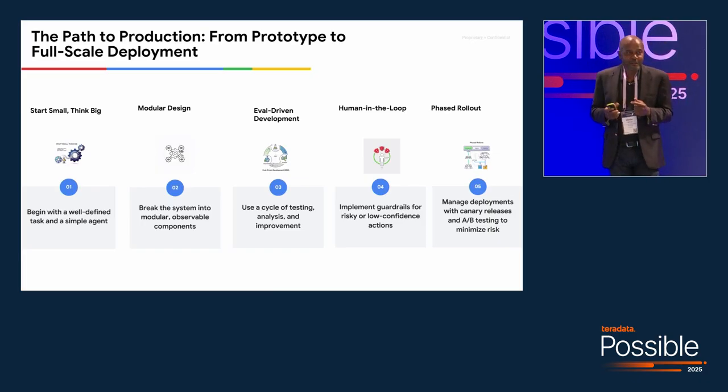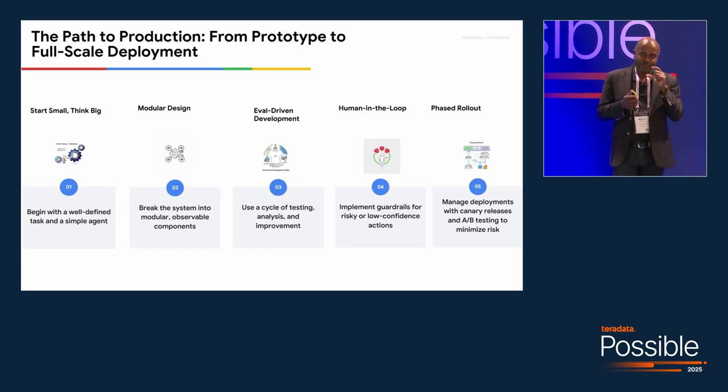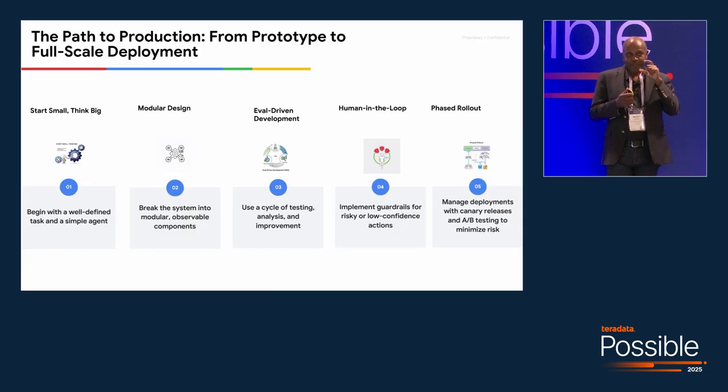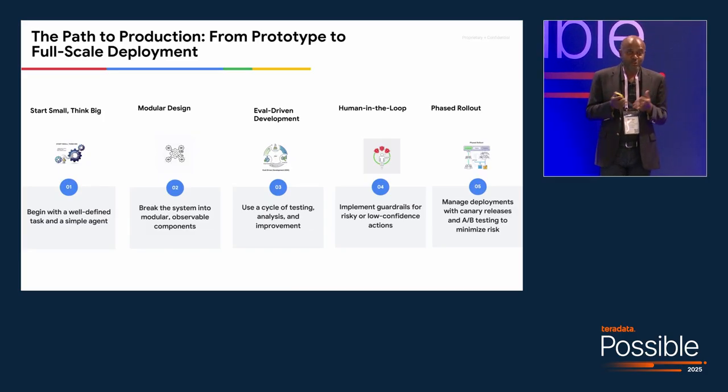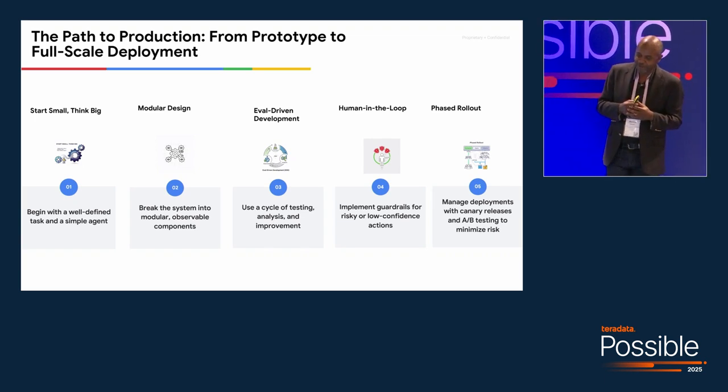And then human in the loop is sometimes very key, because for some use cases, you may have risky or low-confidence actions that you want to track. You want to put the human in the middle, to provide some feedback on that. That's something that we also discovered is very important.